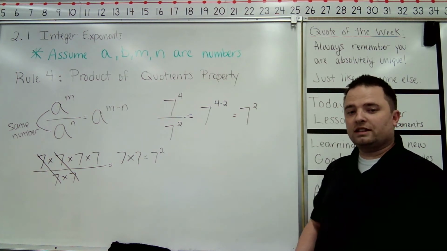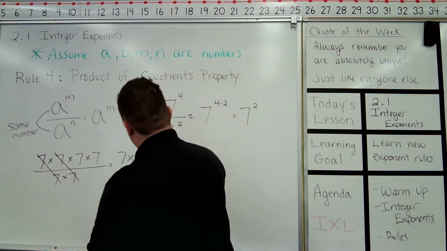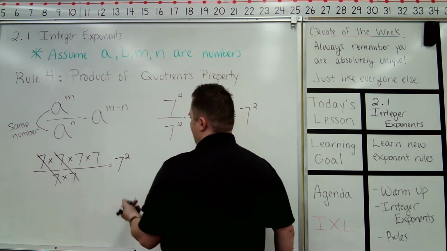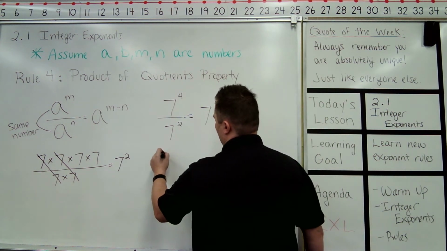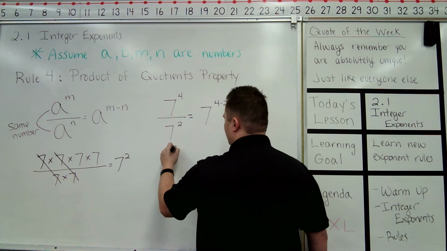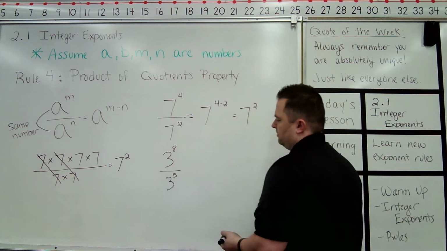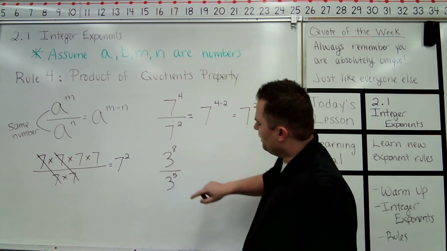Let's do a couple more examples. Let me erase some of the work here so I have some room. Suppose I had 3 to the 8th over 3 to the 5th. I have the same base with 2 different exponents.